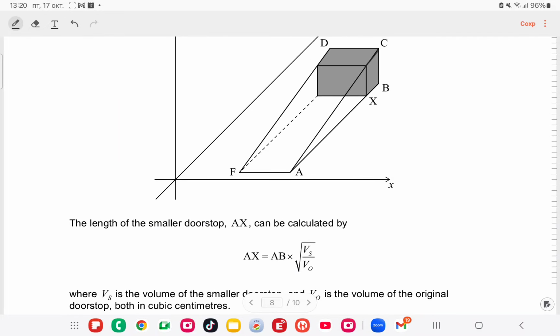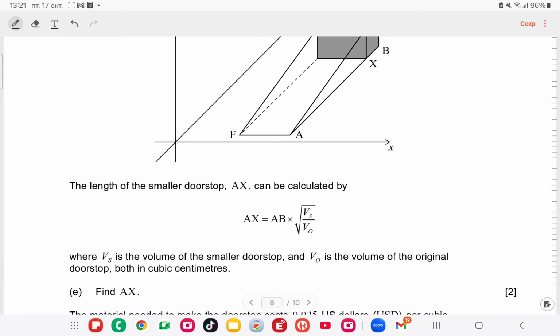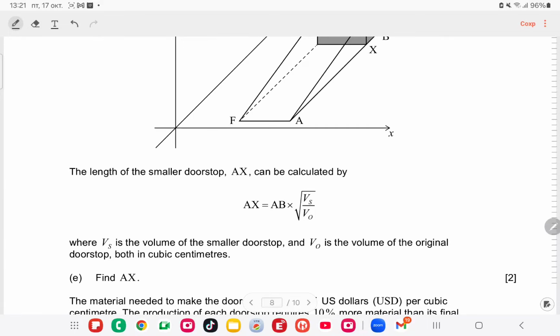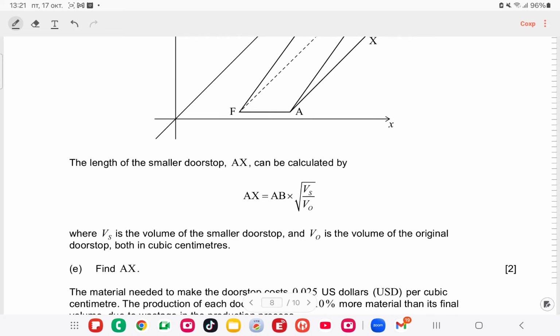The length of the smaller doorstop AX can be calculated by this equation, where V sub S is the volume of the smaller doorstop and V sub 0 is the volume of the original doorstop, both in cubic centimeters. So find AX. How are we going to find AX? First of all, we should use the formula straightforwardly. We know the distance of AB, we don't know it yet. So far we don't know the distance of AB.